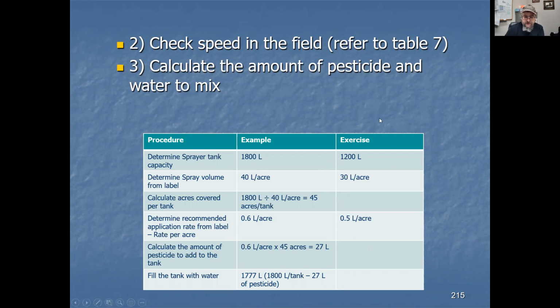You can do another exercise using this, same math. Hopefully by now you know how to figure that out in your equipment. Make sure you know how to do the math. That's very important.